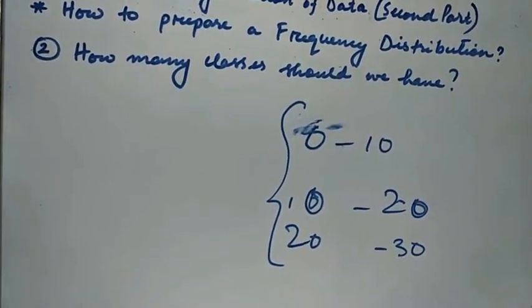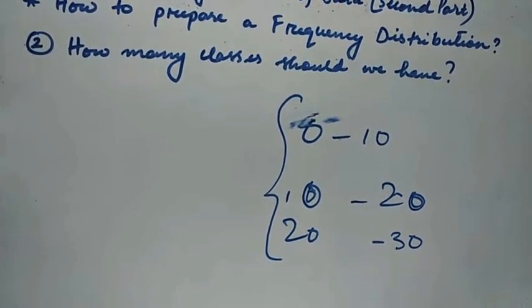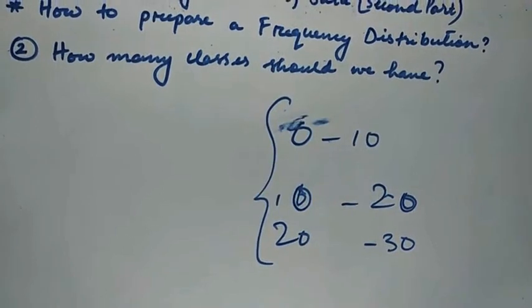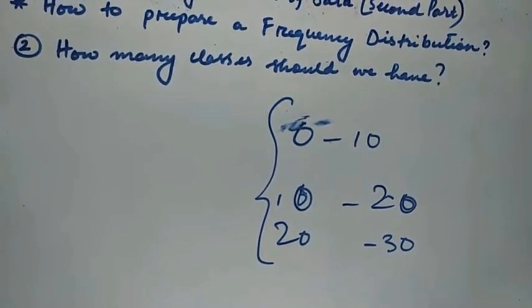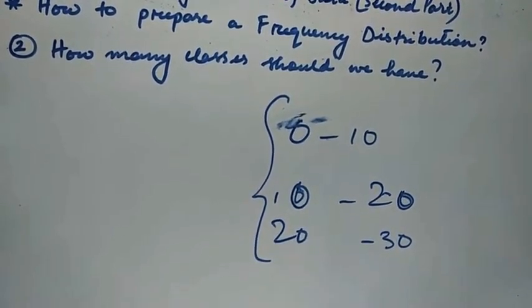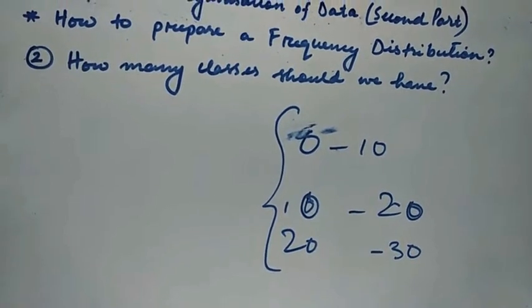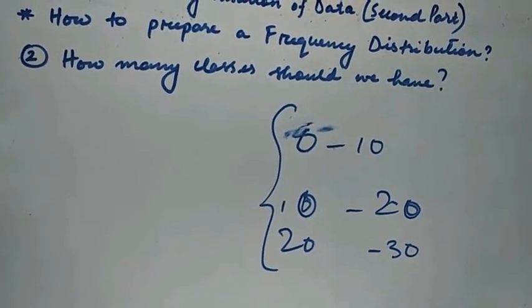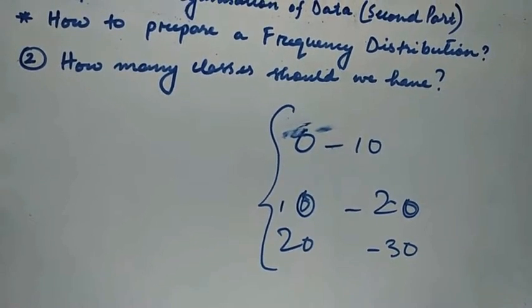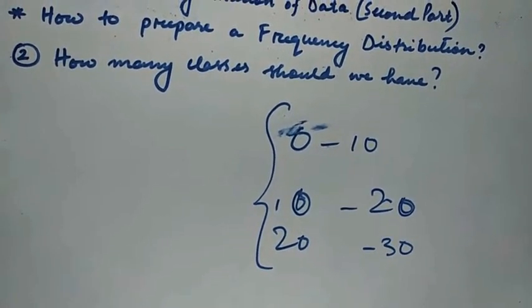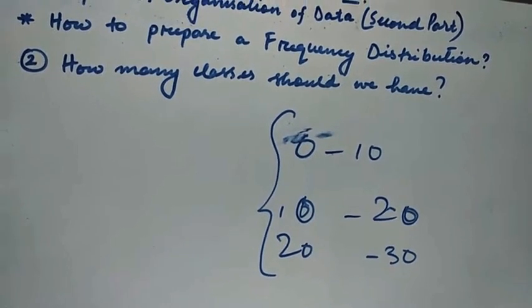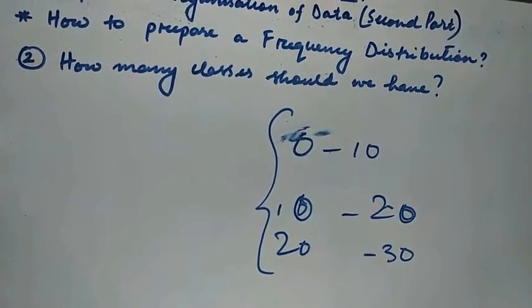Usually the number of classes is between 6 and 15. Minimum usually is 6 and maximum can be 15. It is usually like that. In case we are using equal sized class intervals, the number of classes can be calculated by dividing the range by the size of the class intervals.